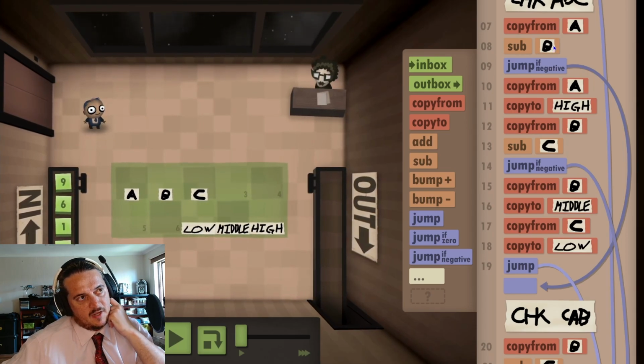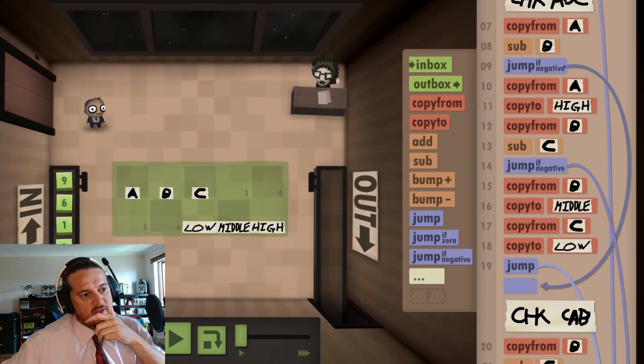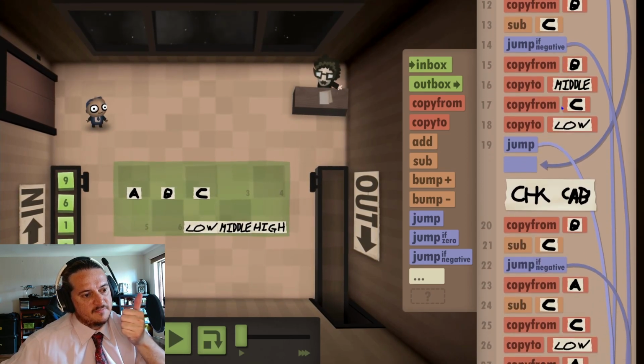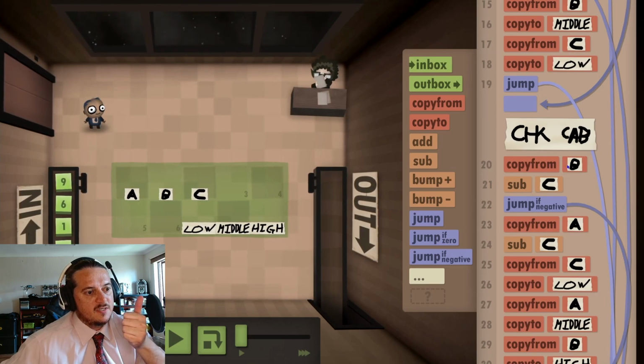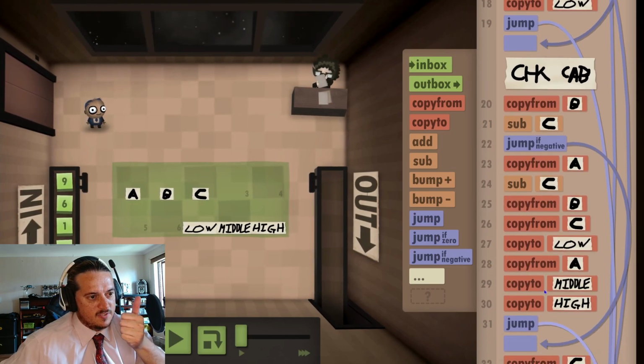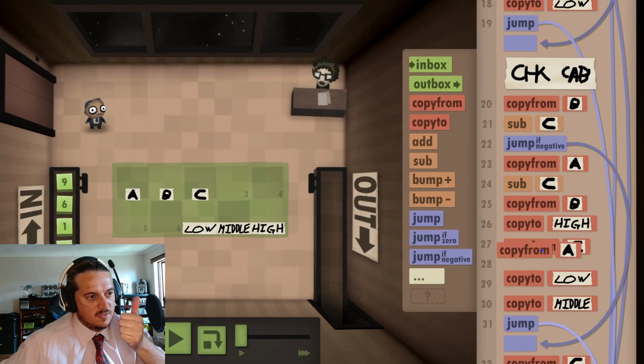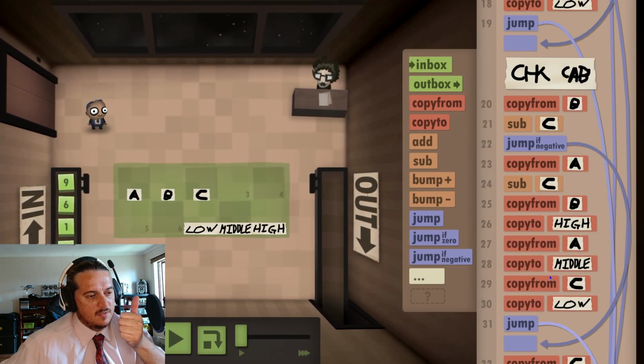So B is bigger than A, which is the negative. So then B is the high. But then I have to do the checks. Let's record this. Okay.